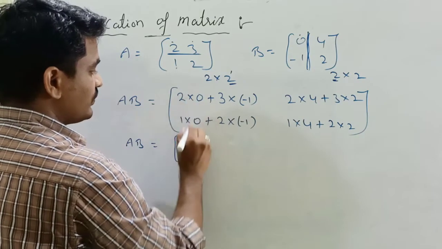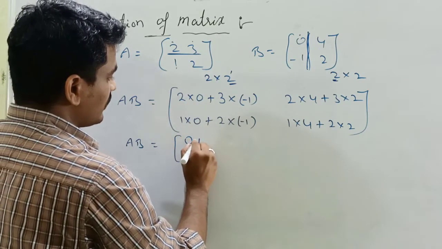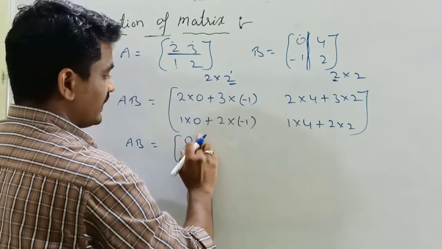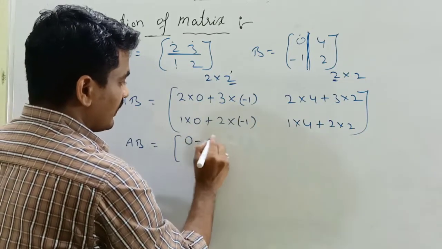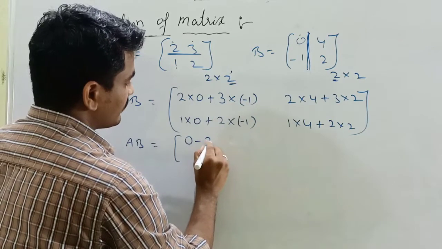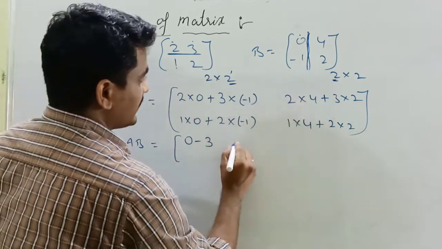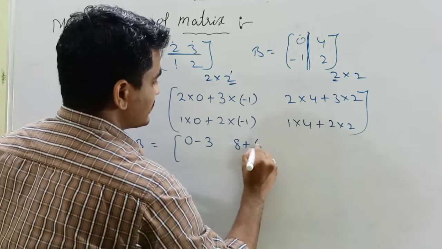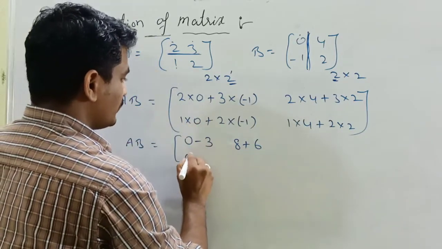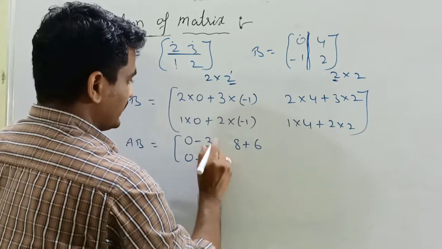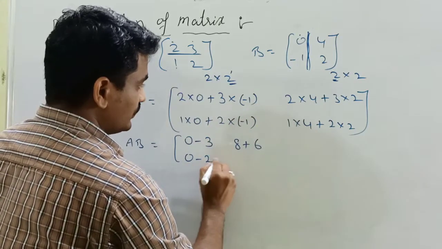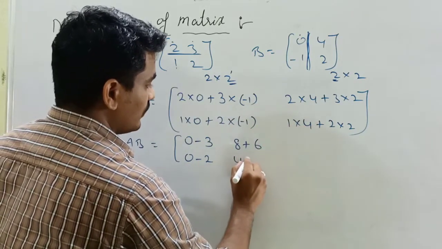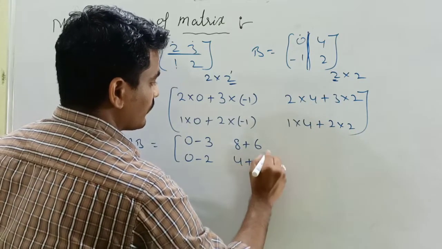AB equals 2 into 0 is 0, plus 3 into minus 1 is minus 3; 2 fours are 8 plus 3 twos are 6; 1 into 0 is 0 plus 2 into minus 1 is minus 2; 1 four is 4, 2 twos are 4.